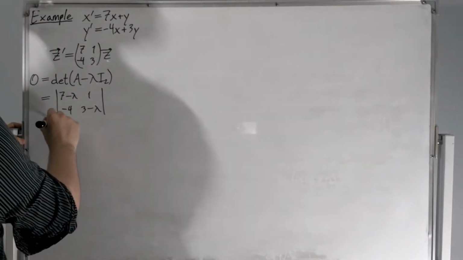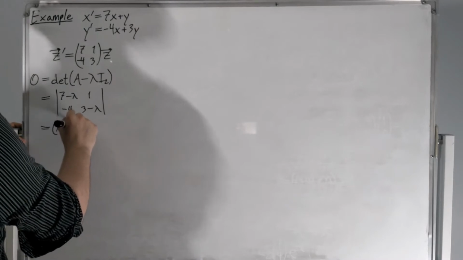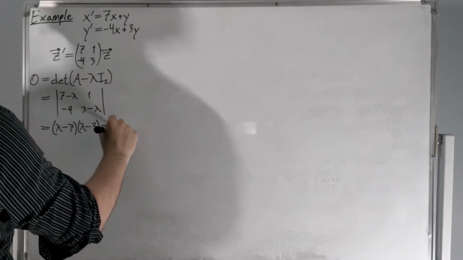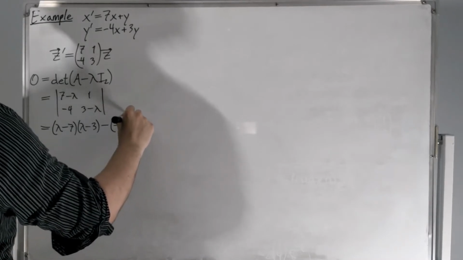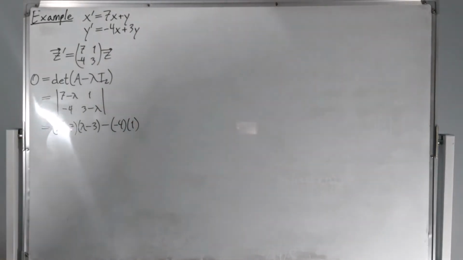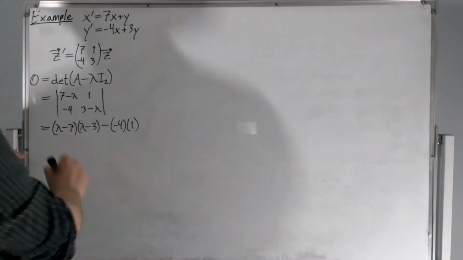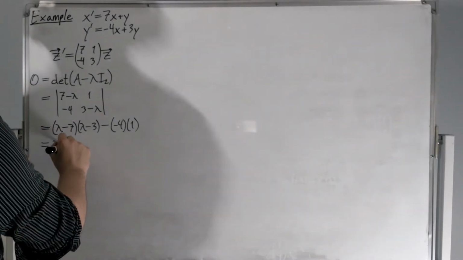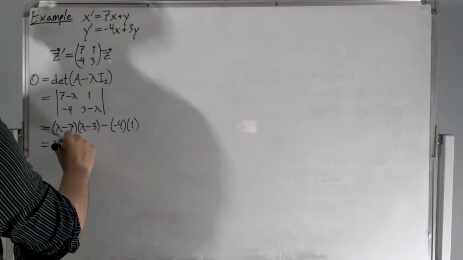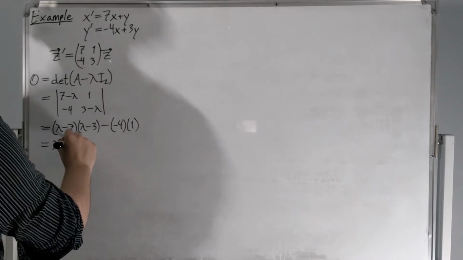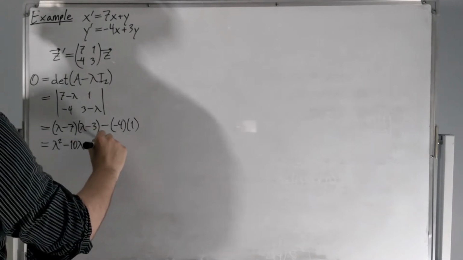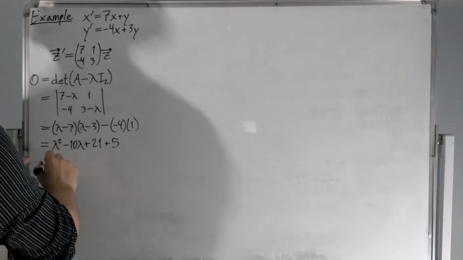You do the determinant, you get here lambda minus 7 times lambda minus 3 minus negative 4 times 1. This comes out to be lambda squared minus 10 lambda plus 21 plus 5.